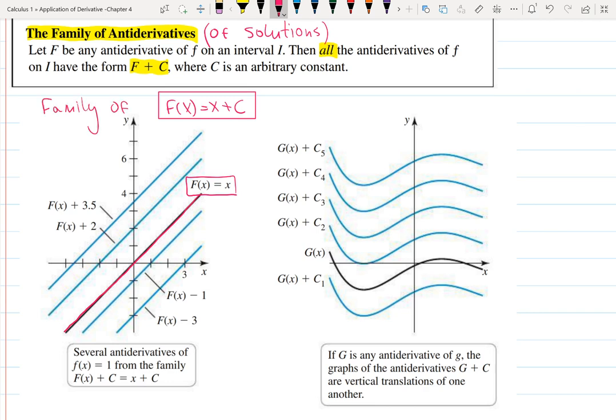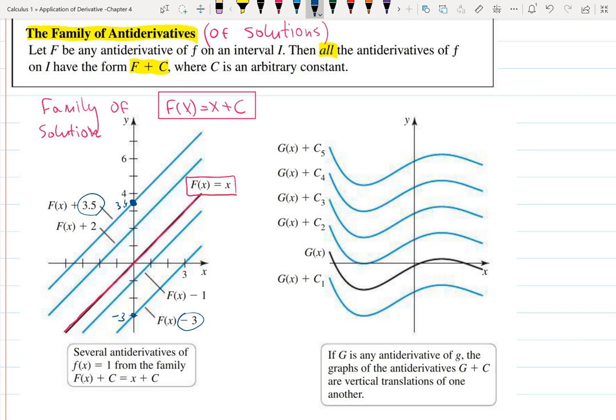Why is it called a family? Because they all look like each other, but they are shifted up and down by some constant. If c is 3.5, then it's shifted up by 3.5. If c is negative 3, then it's shifted down by 3, and so on.